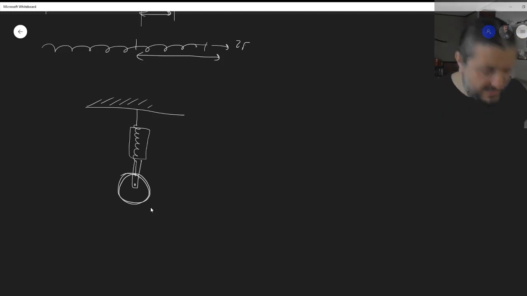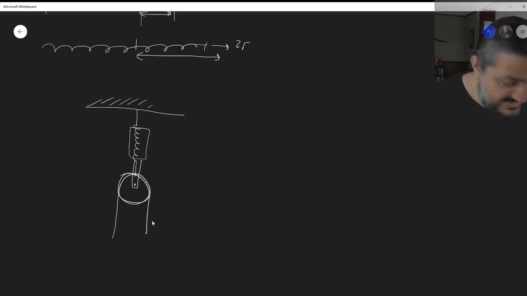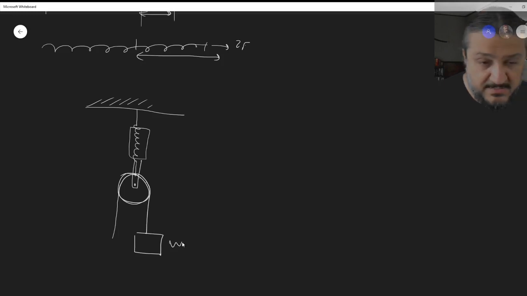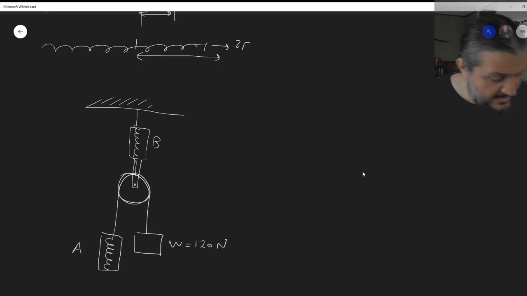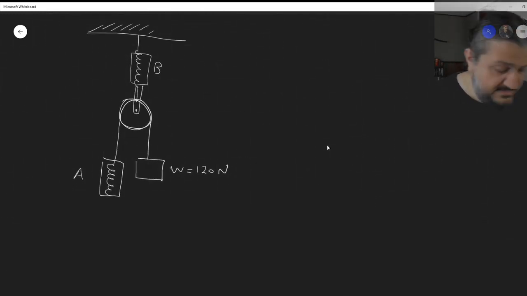Over the pulley you have a rope. And one side is tied to a mass. Its weight is 120 newtons. And then the other end is connected to another spring scale. This one is B, this is A. And the scale is attached to the floor.